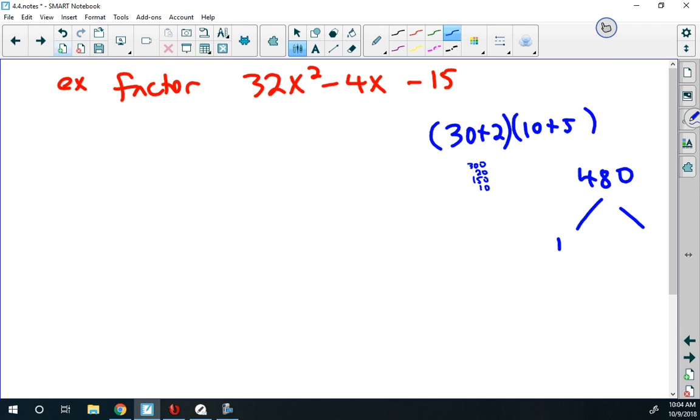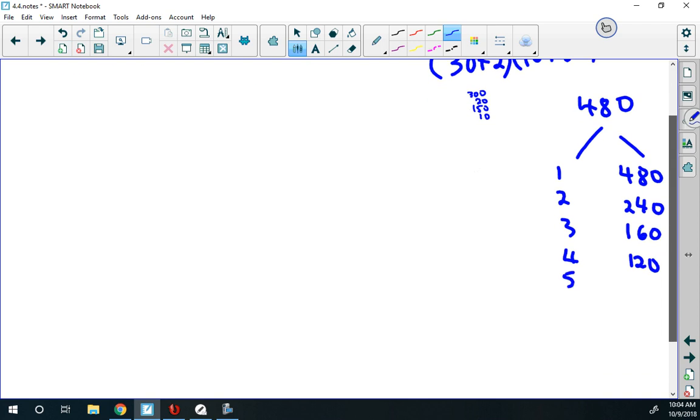480's factors. 1 and 480. Boy, this is going to take forever. Oh, man. Maybe it doesn't factor. Maybe it does. 2 and 240. Does 3 go into 480? Yeah, 4 plus 8 is 12. 12 is divisible. It's 3 and 160. Going to be 4 and 120. Going to be 5 and something.